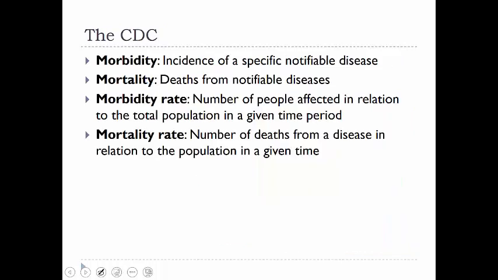The CDC makes the morbidity and mortality reports. Morbidity is the incidence of a specific disease, and mortality is the number of deaths from that disease. The morbidity rate is the number of people affected in relation to the total population, and mortality is the number of deaths related to the total population.